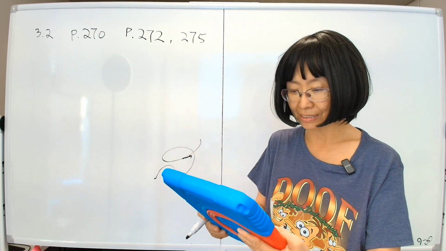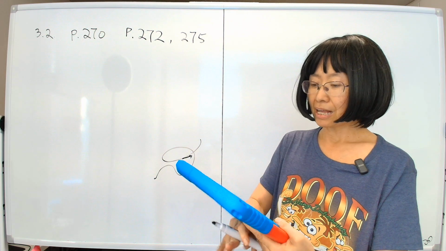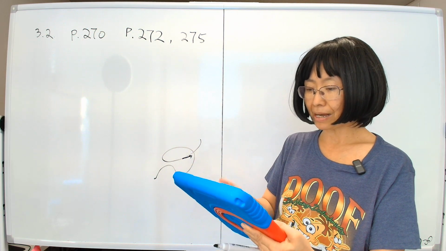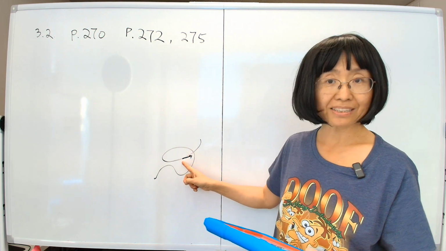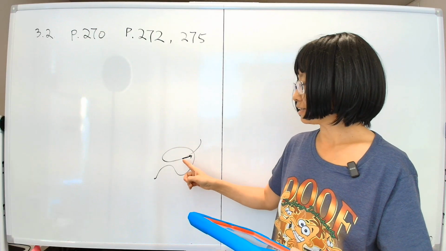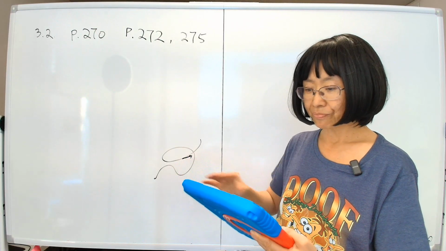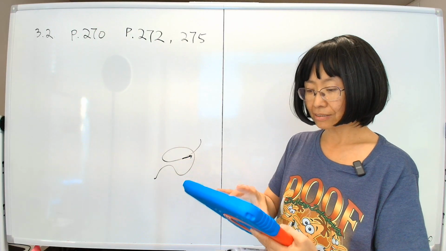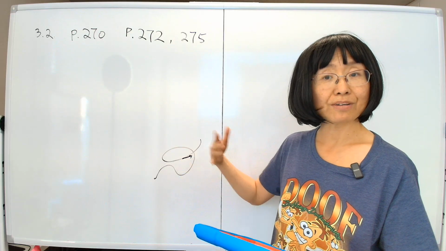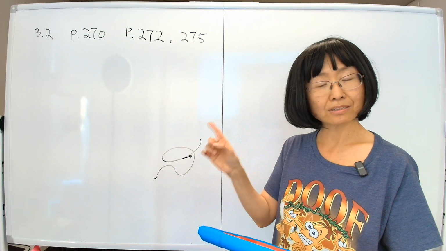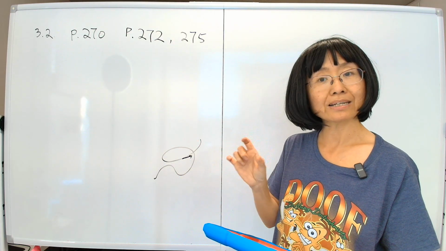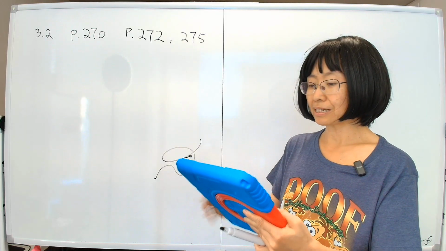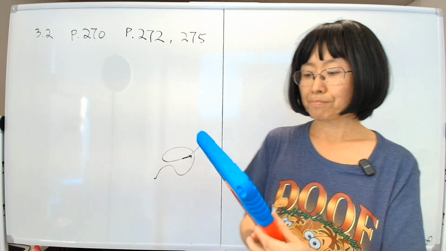The tangent vector is given by the derivative at this point. The unit tangent vector is the derivative at this point divided by its own magnitude. It's called a unit because it has a length of 1. That will be the unit tangent vector as given by your book here.